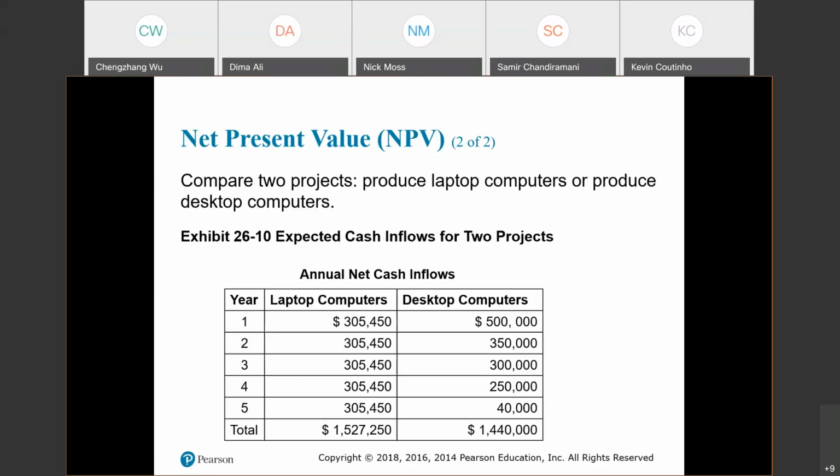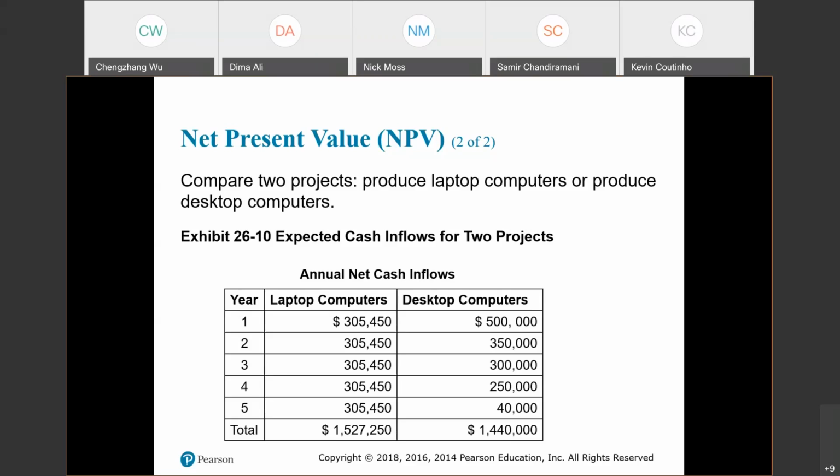The company, the smartest learning company, is considering expanding production to include laptop computers and desktop computers, with each product considered a separate potential capital investment project.